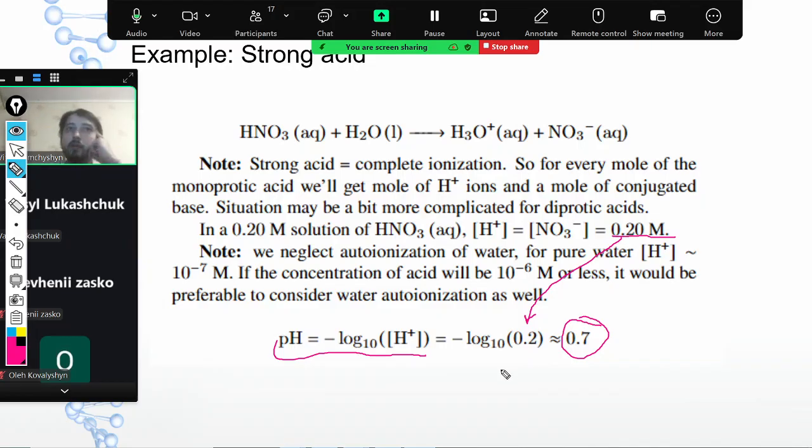Please remember, if you are taking a logarithm, you can get negative values. Logarithm base 10 of 10 will give you 1 because it's 10 to the power 1. Now logarithm base 10 of 1 is equal to what?